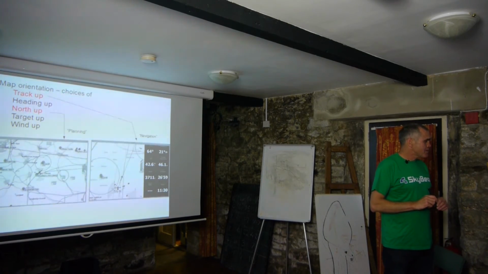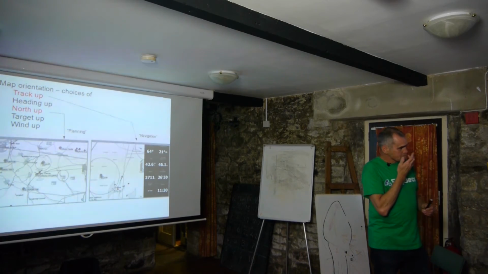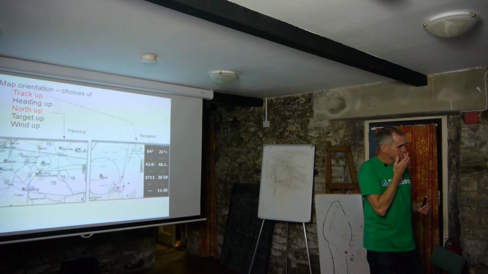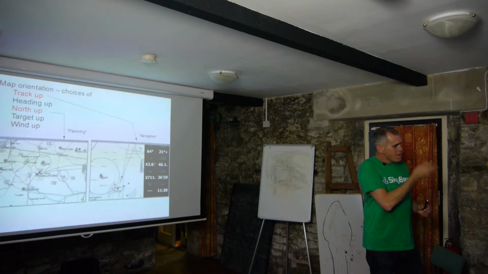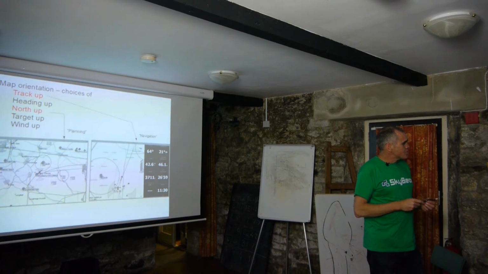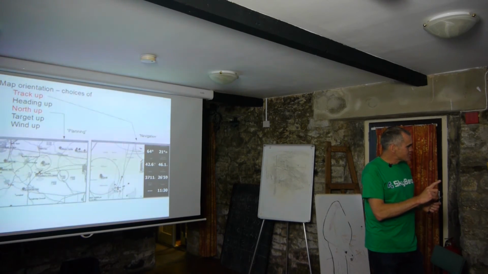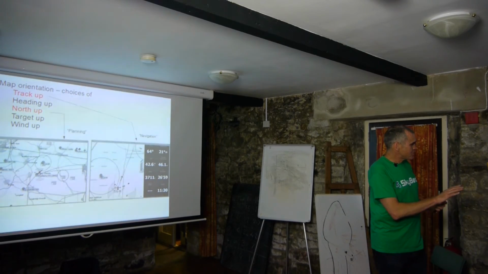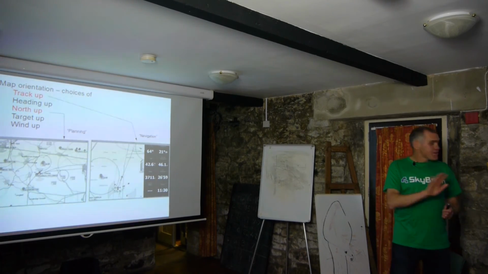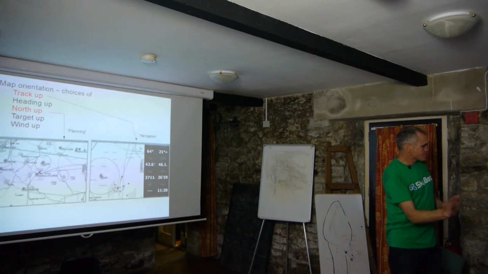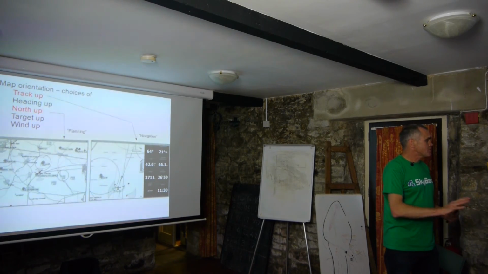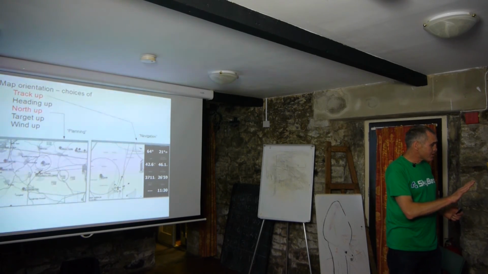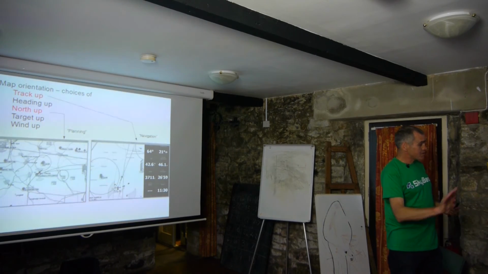It's useful to have a bigger scale picture. I know you can zoom in and out, but you might go 3 or 4 times. I must admit I've never done that, but you can only have one orientation. So if you've got track up on one screen and then you flip to the other one, that's going to be track up and moving as well. So yeah, you can't configure track up and north up differently on screens.